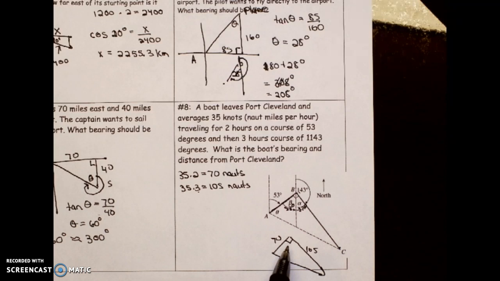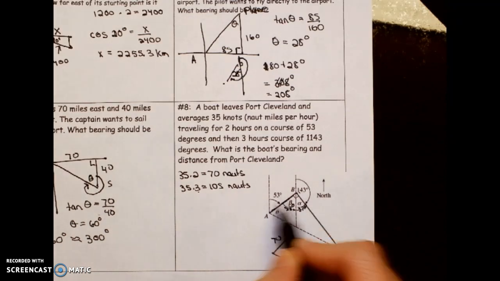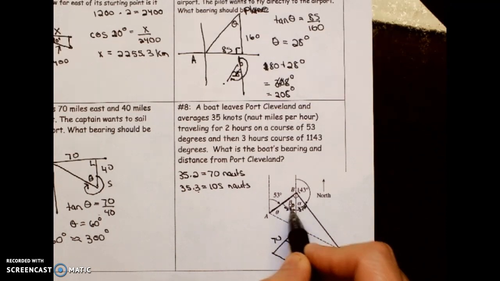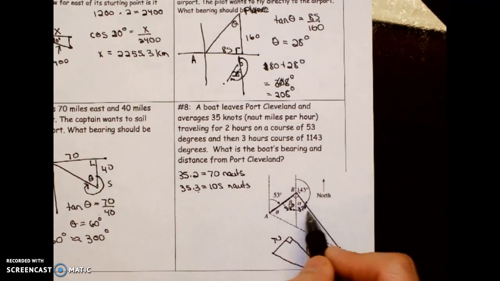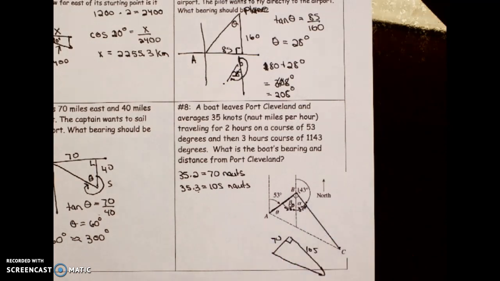You might be asking, how do I know that's the right angle? If this is 53 degrees, these angles are alternate interior, so this is 53 degrees as well. This forms a straight line, which is 180, so 180 minus the 143 is 37. When you add those together, you get a 90-degree angle, which makes sense because remember, all of these are in the context of trig, which is based on right triangles.